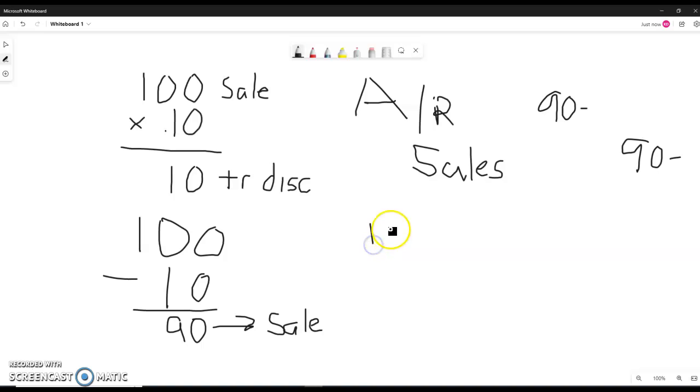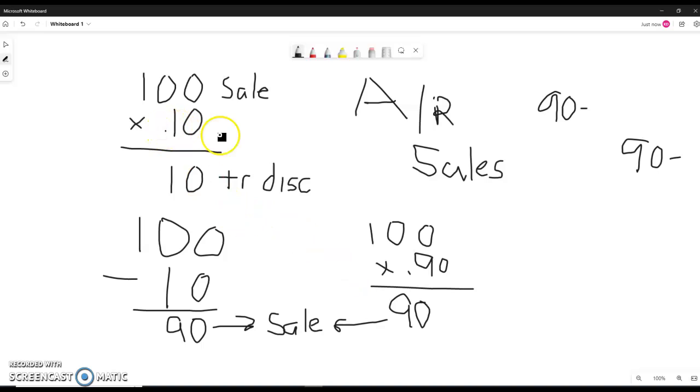So I can take 100 times, instead of 0.10, I can take it times 0.90, and that will give me $90. Okay, so rather than doing it in 2 steps where I determine what the trade discount is and then subtract the trade discount to get the sale amount, I can use the complement and get the bottom number that I'm going to use for the journal entry.